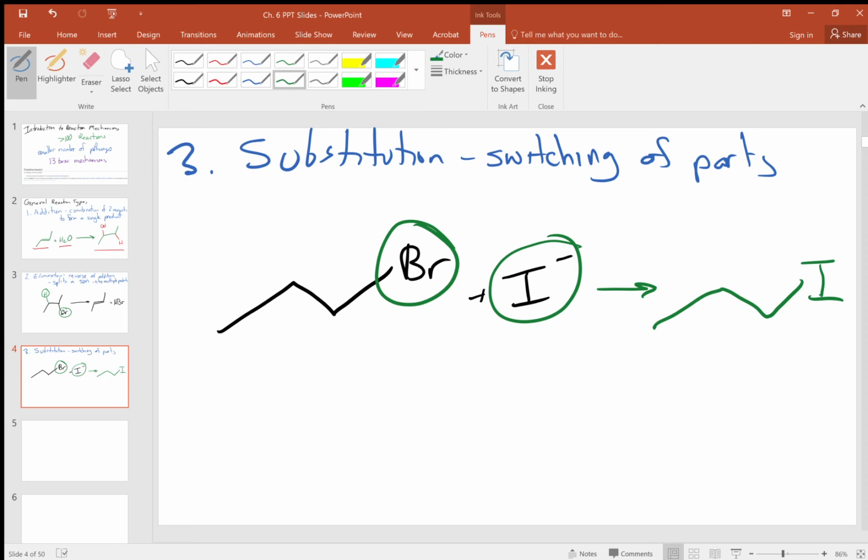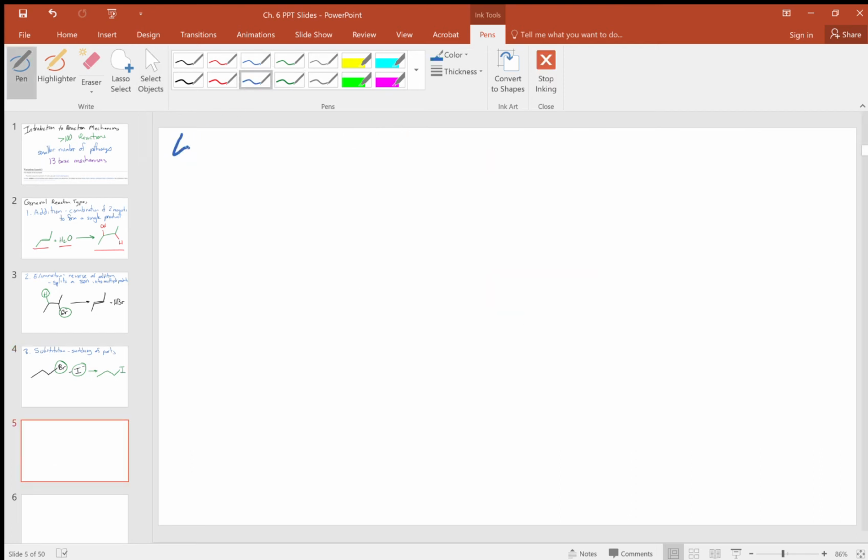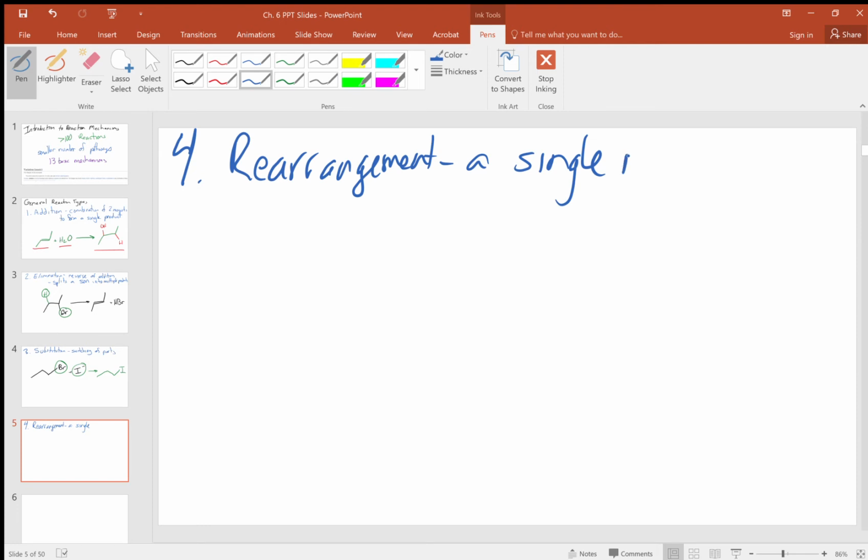Our fourth generic class of reactions is probably the least common, but is known as a rearrangement. In a rearrangement, we start with one reactant, we end with one product, but it reorganizes itself.